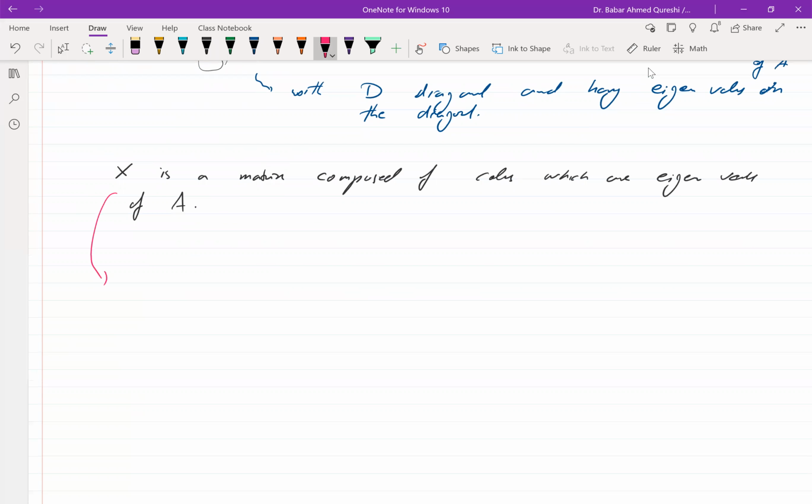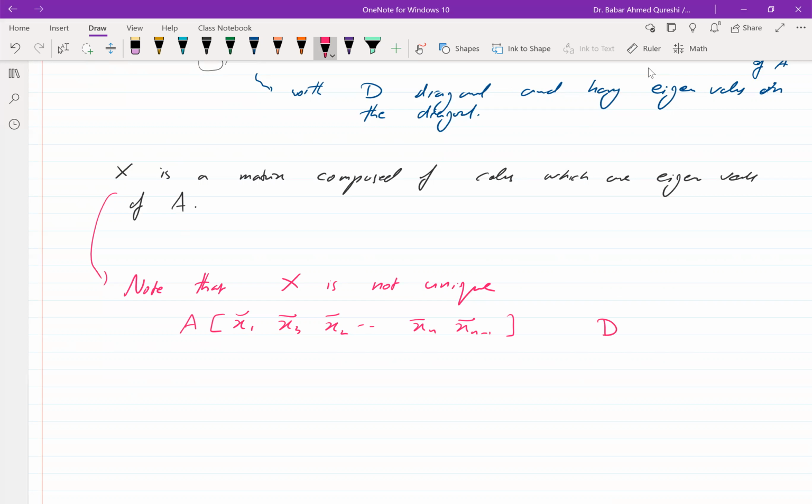But one should note that X is not unique, because I didn't assume any ordering. Ordering doesn't matter. I could have put x3 here, x2 here, xn here, xn minus 1 later. It's still a matrix which is invertible, and when I act by A from the left, it will still produce the eigenvalues.